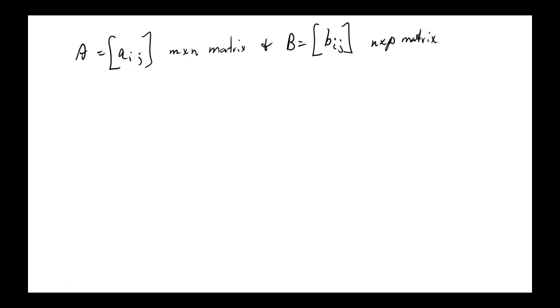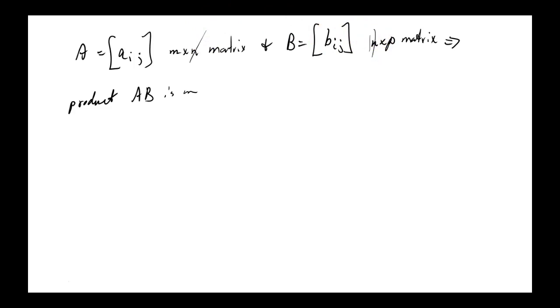Then the product matrix, this is matrix multiplication, AB, is, and you can multiply an M by N by an N by P as long as these two innermost dimensions are identical.